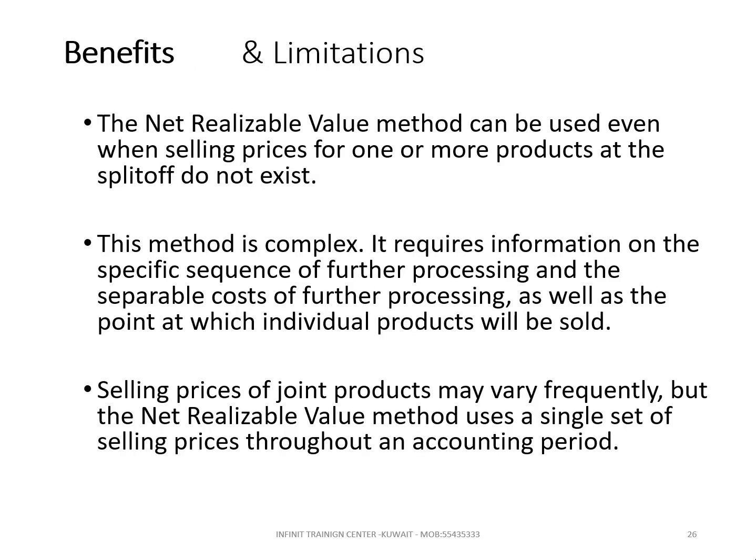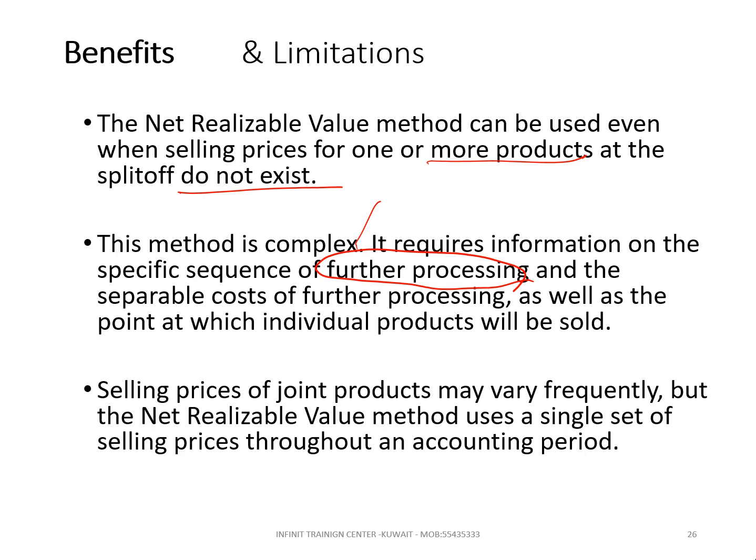So these are the benefits and limitations. The net realizable value method can be used even when selling prices of one or more products at the split off do not exist, and this method is a bit complex. That is the limitation. It requires information on the specific sequence of further processing. You need more information, right? How the further processing is needed, what is the sequence of further processing, all that information is needed.